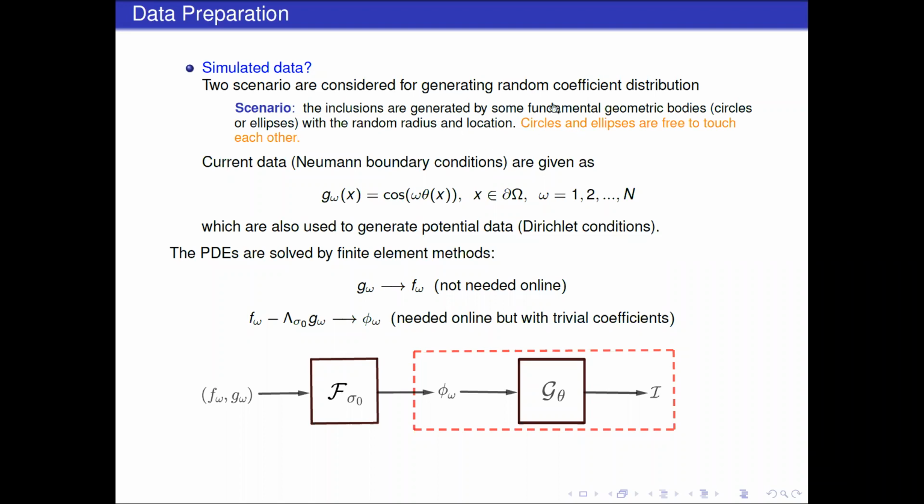And for each inclusion sample, we apply the current data, which are those trigonometric functions. And for each of them, we compute the corresponding voltage data, just the direct boundary condition, and we combine them together to get the data function.